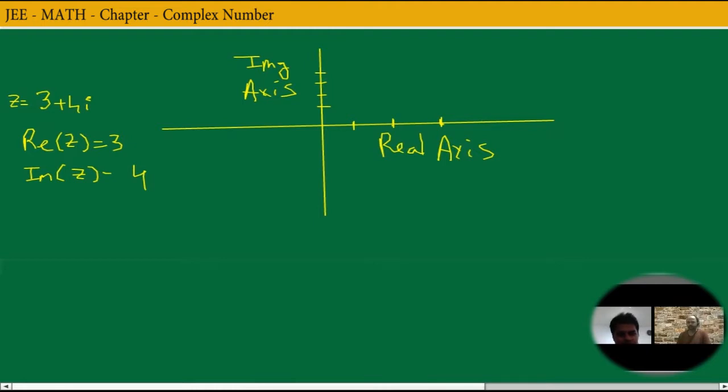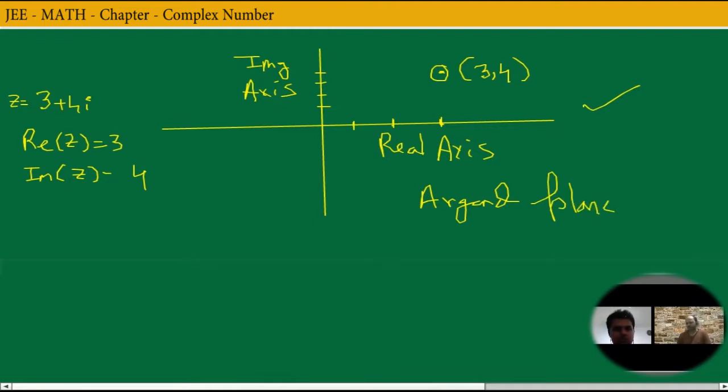So the point is supposed to be this. This is the representation, and in ordered pair form we should write like this. This is called the Argand plane, where one axis is the real axis and one axis is the imaginary axis.